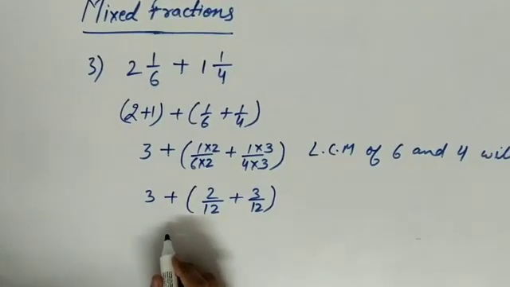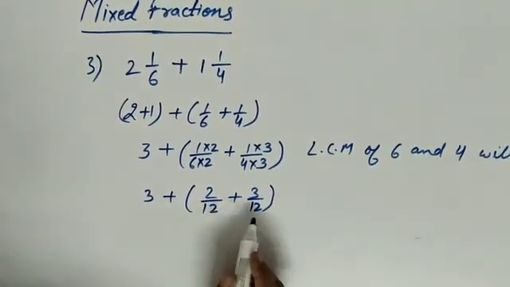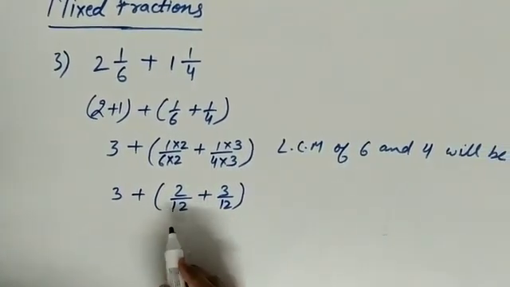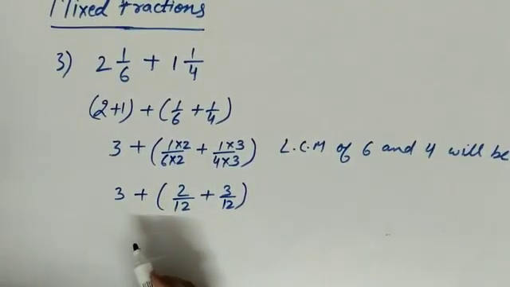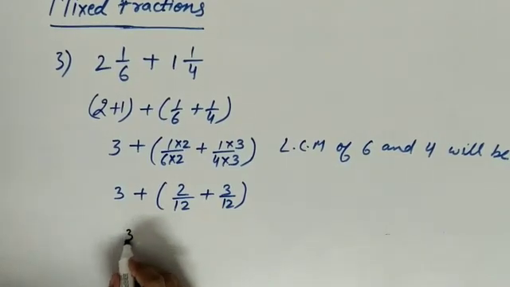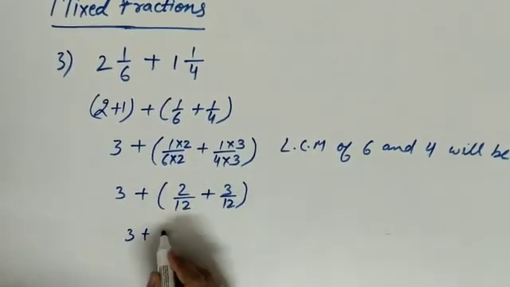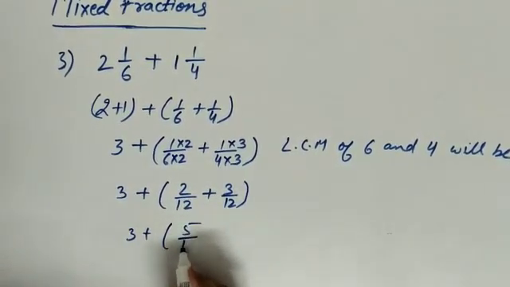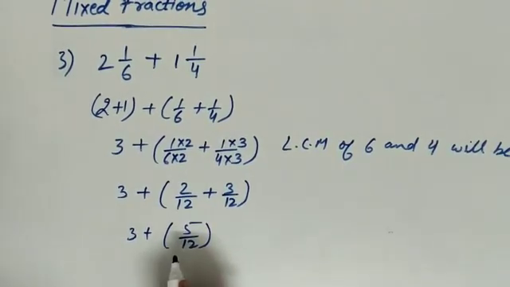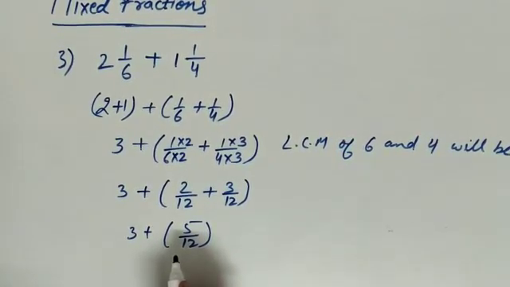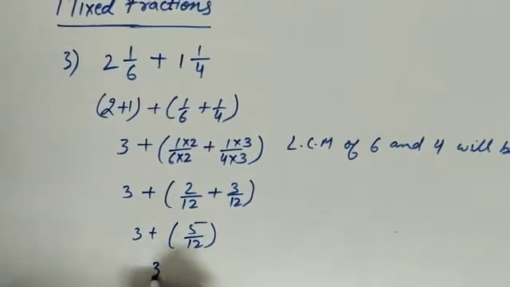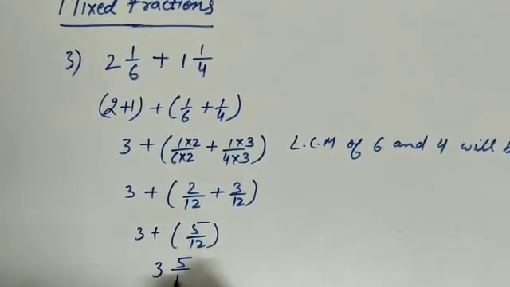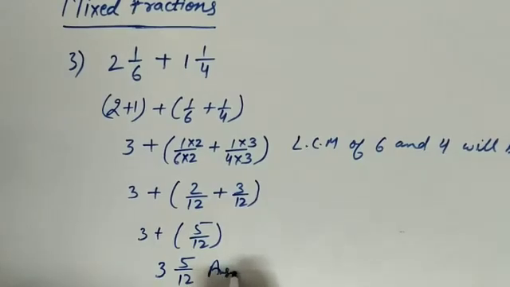Now we have the same denominator, so after getting the same denominator, it is really easy to add. We add 2 plus 3, which is 5 upon 12. So the mixed fraction is 3, 5 upon 12. This is our answer.